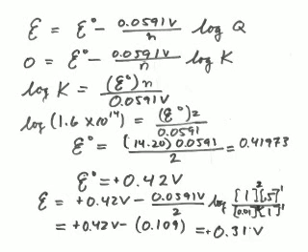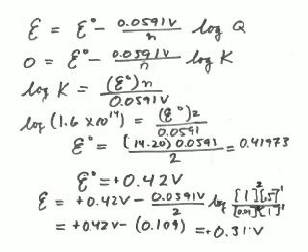So the log of 1.6 times 10 to the 14th equals epsilon times 2, it's a 2 electron transfer, divided by 0.0591. And therefore we find the E0 for that cell is 0.41973, or in other words, 0.42 volts.